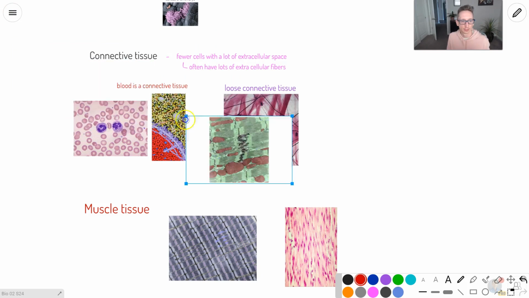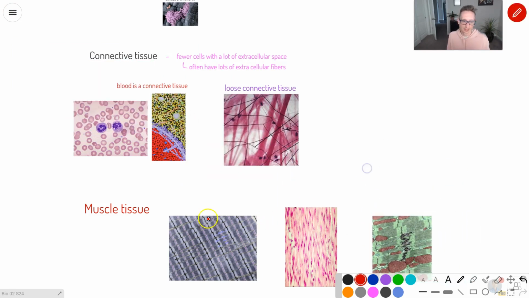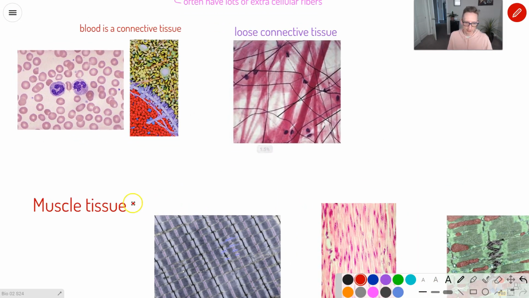Beautiful. Okay, muscular tissue. So what does it do? It allows us to move. It also pumps our fluids and food, and also gives us some protection, right? Muscles are pretty tough, pretty hard to get through.